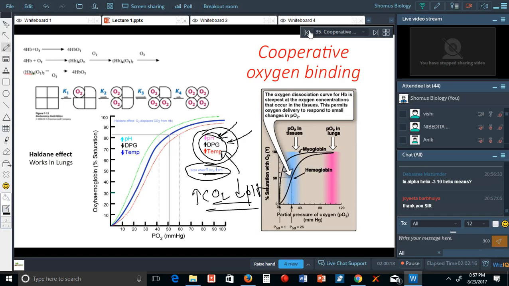The 3-10 helix, I told you the idea of the 3-10 helix. It is not genuinely like an alpha helix.